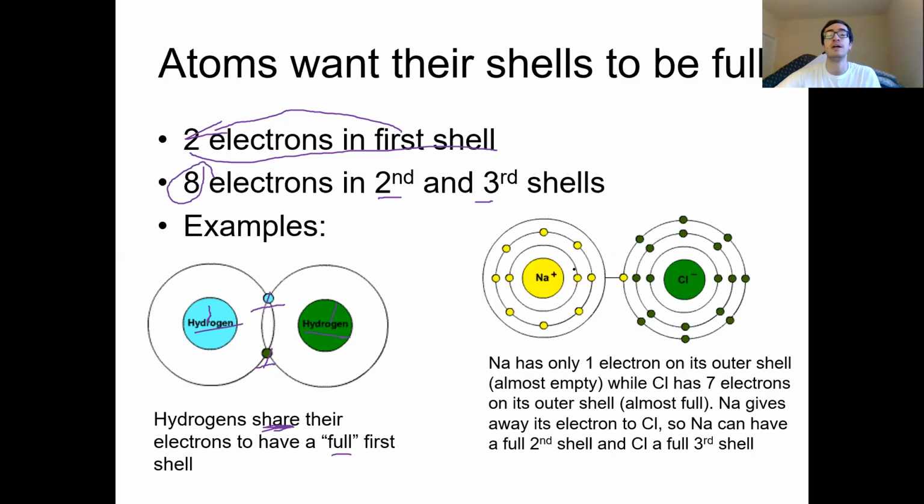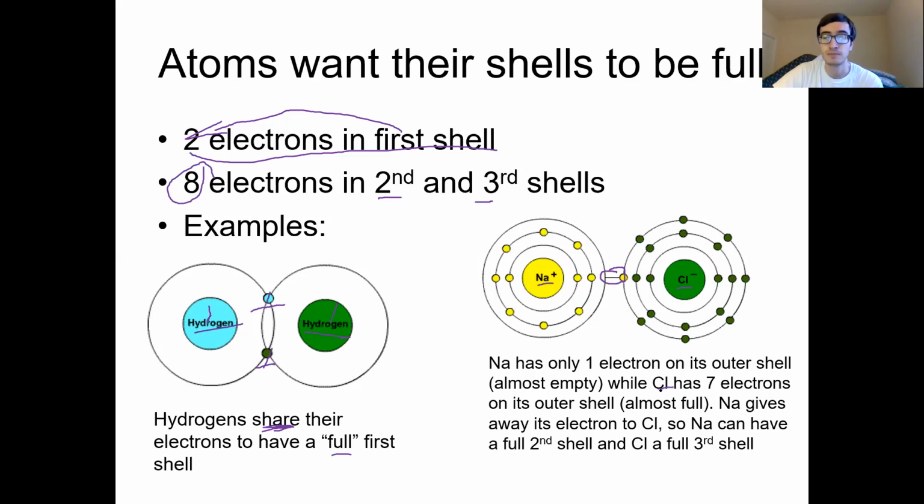For another example, let's look at sodium and chlorine. So sodium and chlorine react together very well because sodium only has 1 electron on its outer shell. So its outer shell is almost empty. It's not happy about that.